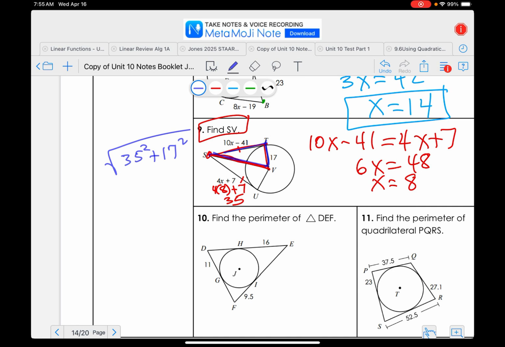I think I may have done something wrong here. Okay, if x is 8, hold on, let me make sure I didn't do my math too fast. If x is 8, you plug it in here. 39, goofy. 32 plus 7 is 39. 39 squared plus 17 squared is going to be, let me get my calculator.